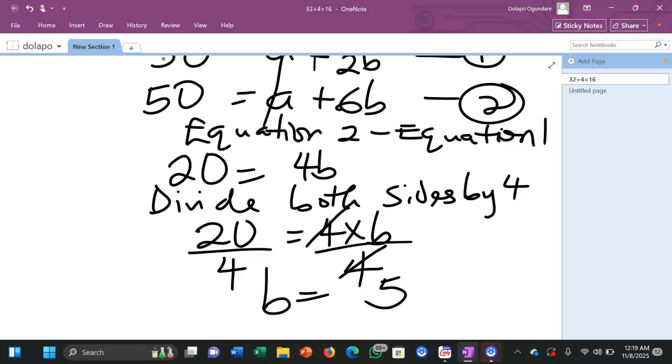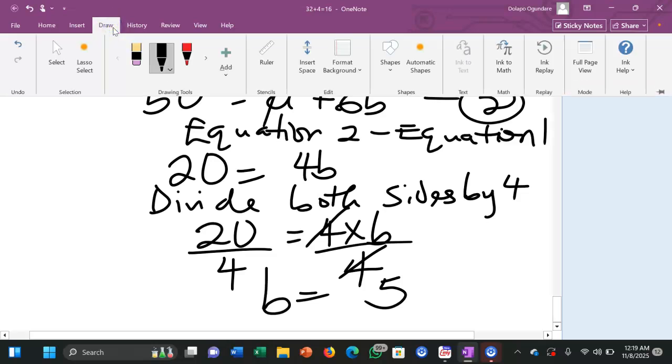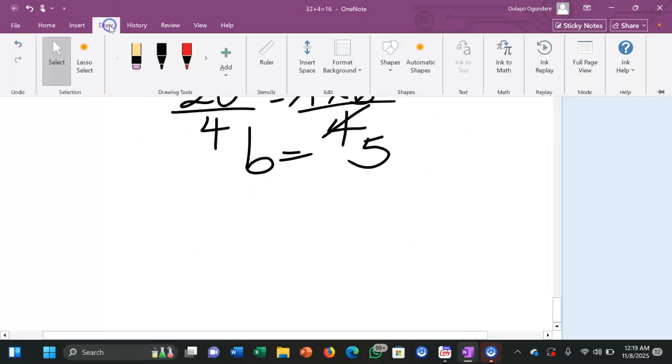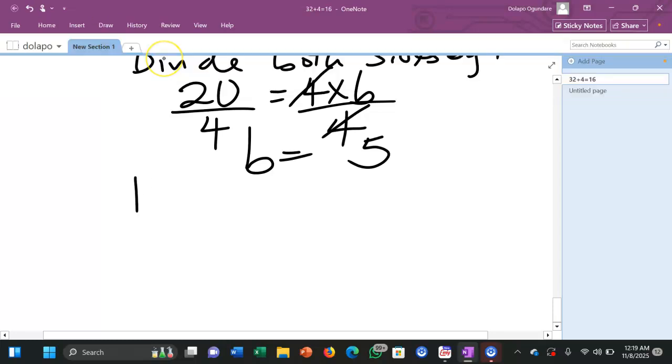Now I've gotten my first variable. I will move ahead to get my second variable. Having gotten b to be 5, I will put it in any of the equations. Like, okay, put b equals 5 in equation 1.